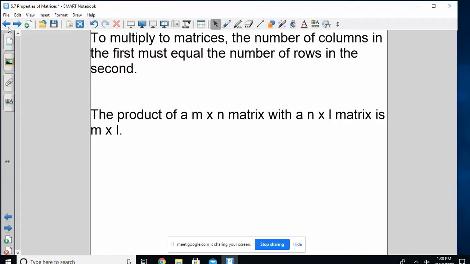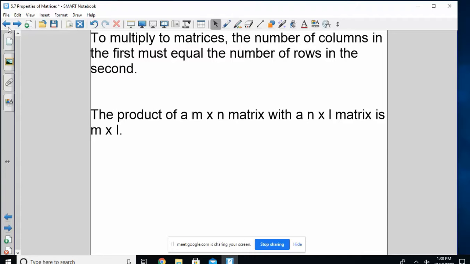In other words, we could multiply these two. Then my final answer will have 4 rows and 3 columns.